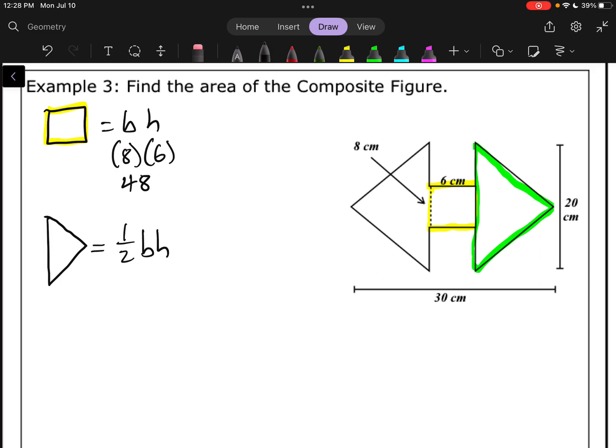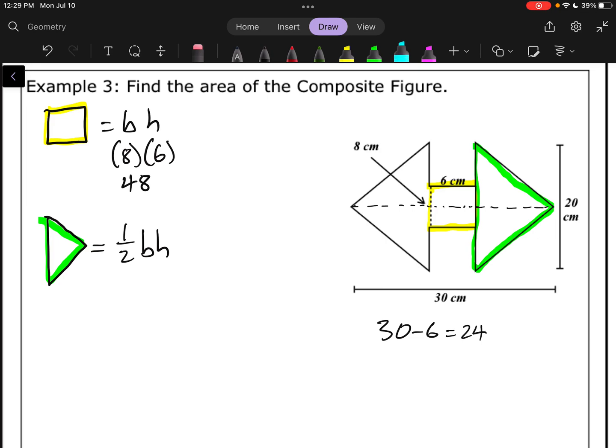Triangles are 1/2 base times height. Looks like our base is the 20. But how do we find this height? Well, we know that the entire way from this tip all the way to the tip on the other side is 30. So if I do 30 minus 6, I get 24.